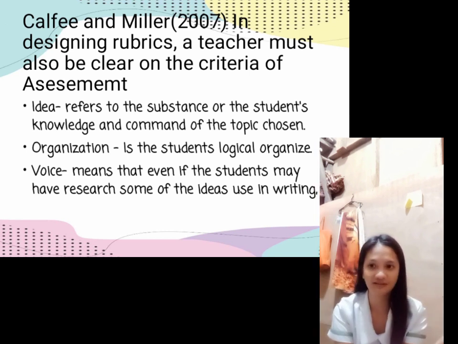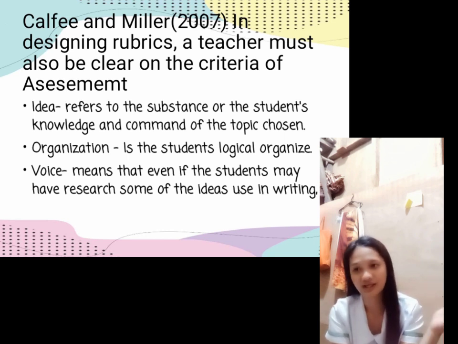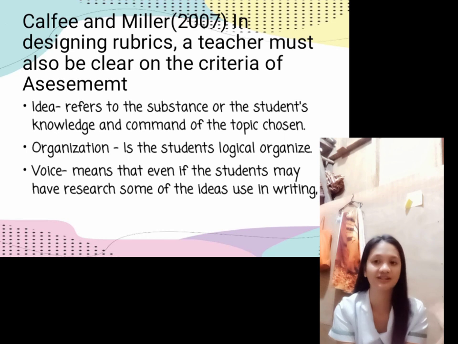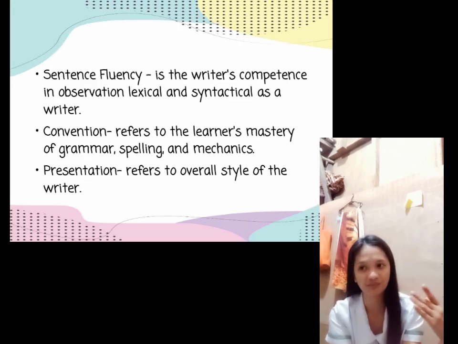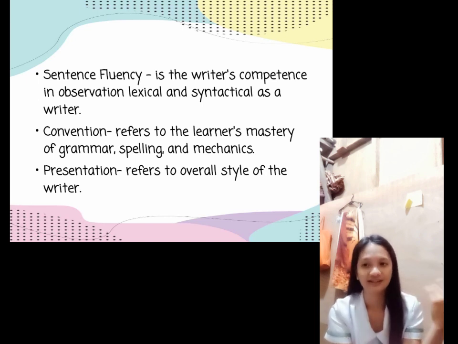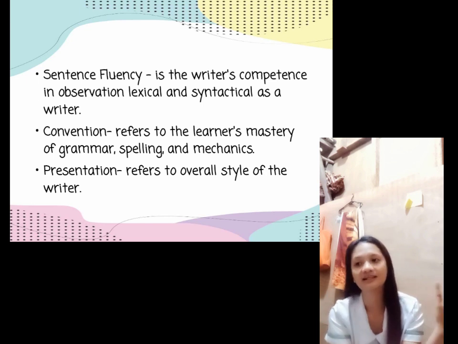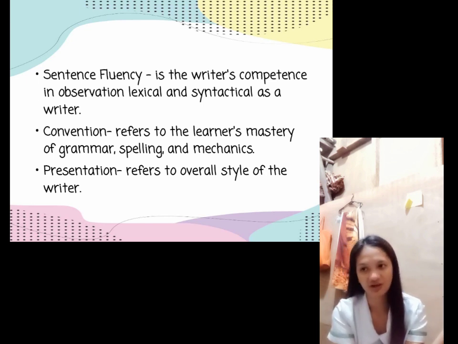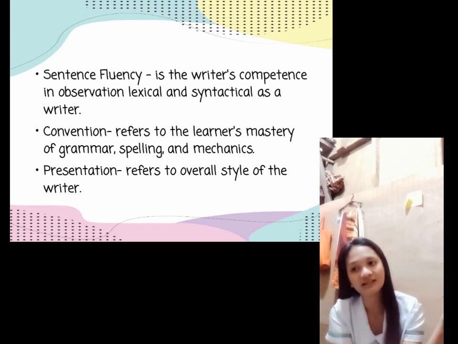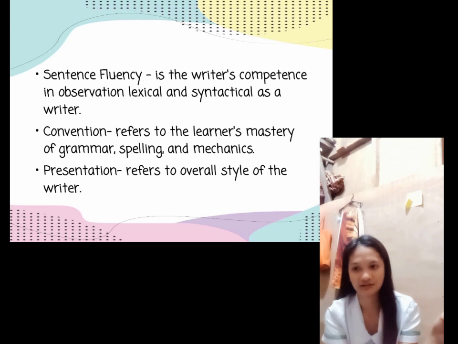Means that even if the students may not have researched some of the ideas used in writing, they still manage to surface their point of view. So next is sentence fluency, is the writer's competence in observing lexical and syntactical structures. Conventions refers to the student's mastery of grammar, spelling, mechanics. Next is presentation, refers to the overall style of the writer.